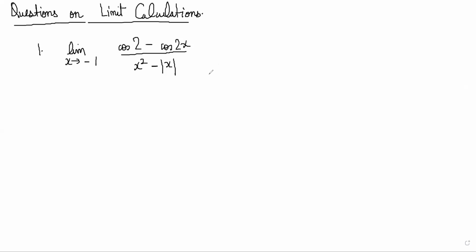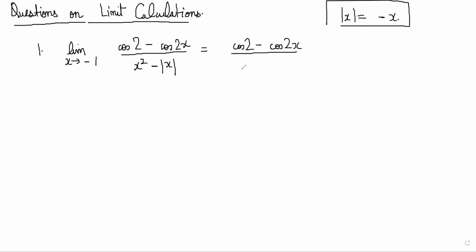First of all, x tends to minus 1, so mod x will be minus x near the limit. So I will just write (cos 2 minus cos 2x) by (x square plus x).